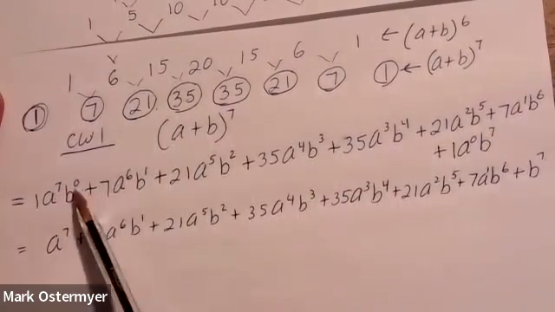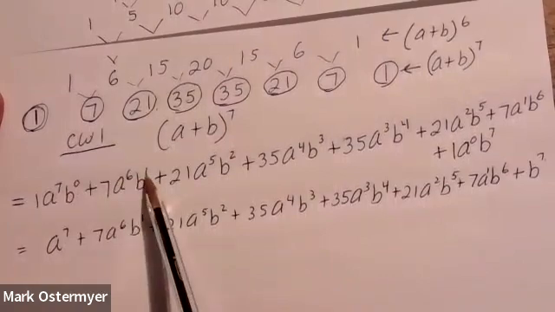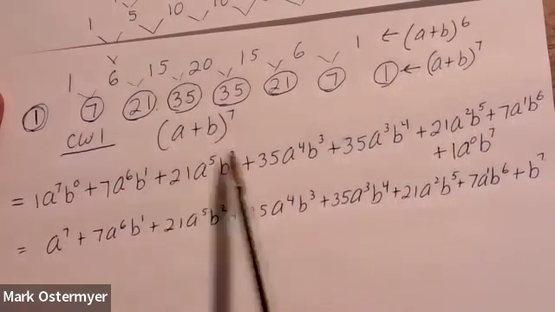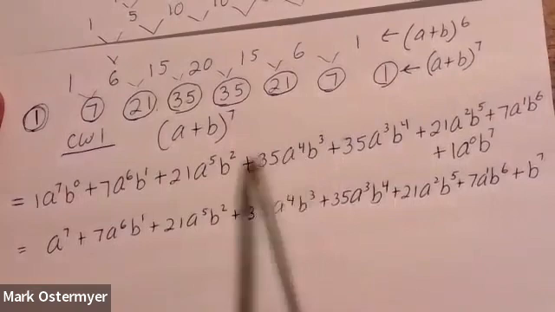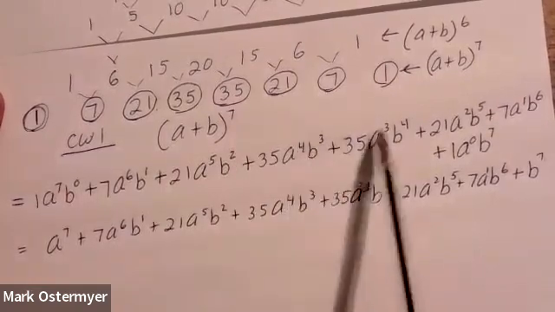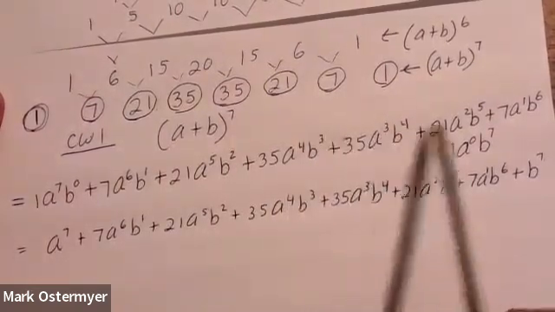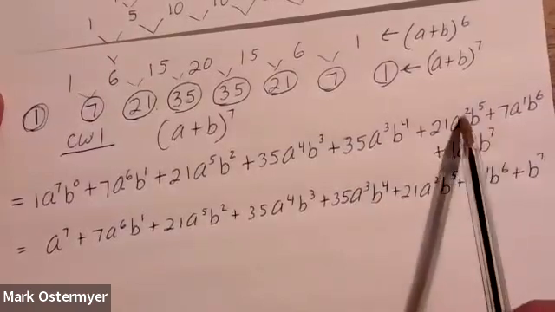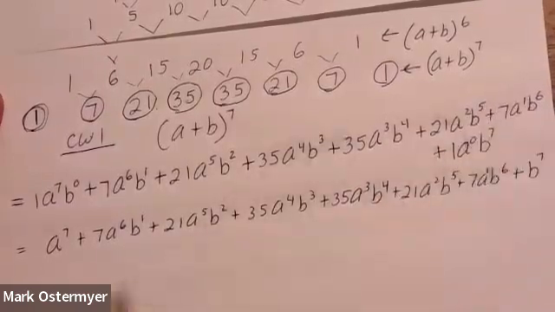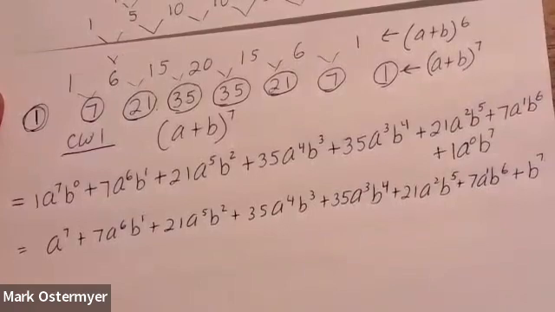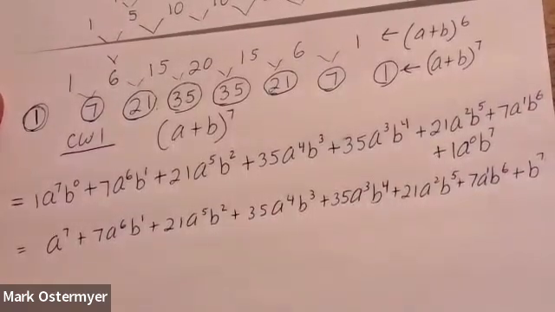The second term's power increases by 1. You see what's going on here? So that's how you know what exponents you're going to have. Does that answer your question? All right, so that's all there is to the exponents. It always works that way.